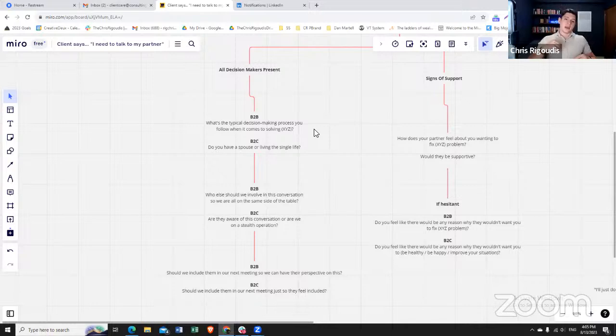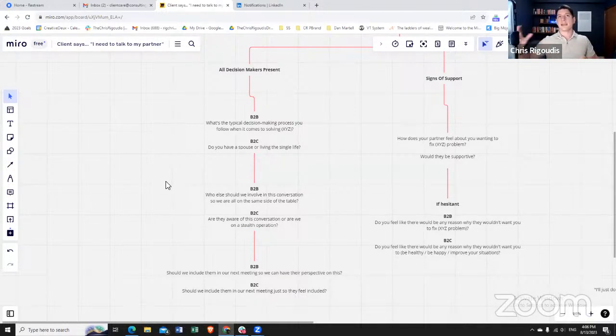So once we ask what's the typical decision-making process you follow, I follow it up with, okay, so who else should we involve in this conversation, just so we're all on the same side of the table here? That comes afterwards. When I ask what's the typical decision-making process in B2B, they might say, I need my marketing manager, I need his eyes on this.